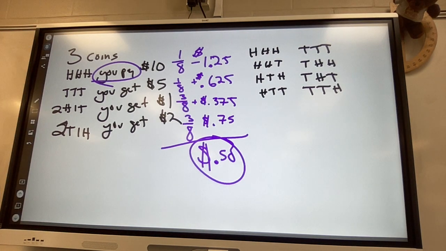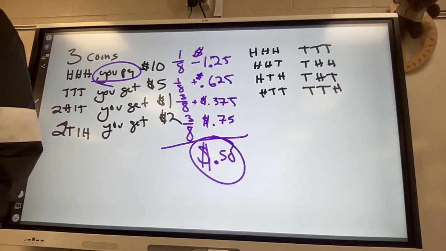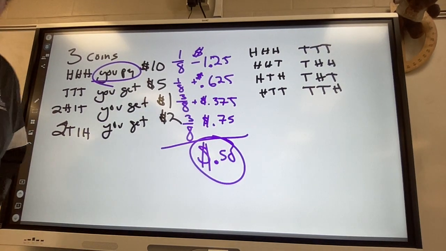If some charity is silly enough to do that, you should play it, because over the long run, you're gonna end up averaging winning 50 cents every time. However, you could get heads, heads, heads a few times in a row and lose your 30 bucks. Absolutely could, all right? But over the long run, you would expect to be getting that. And then finally, do I have enough time?